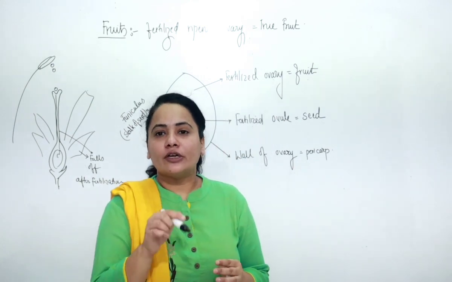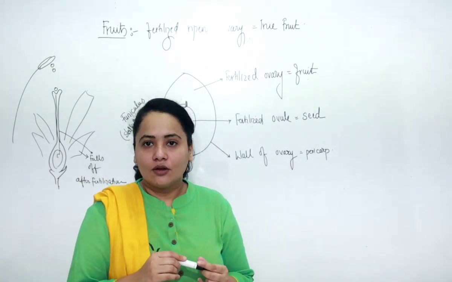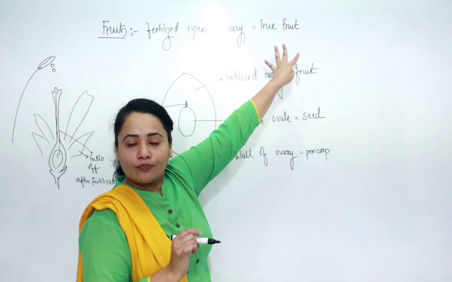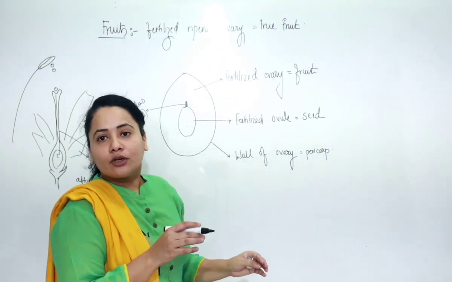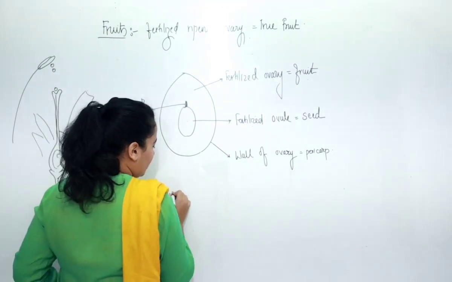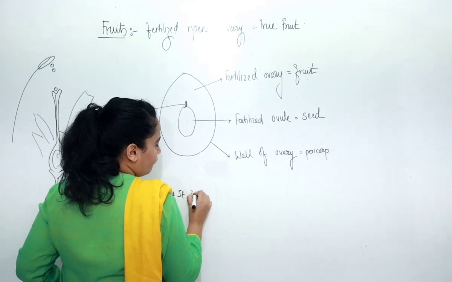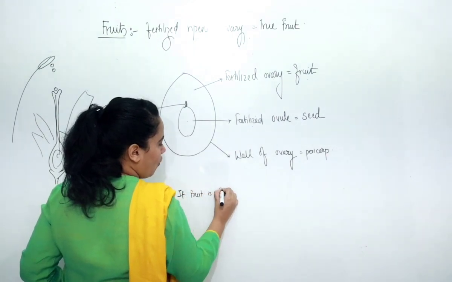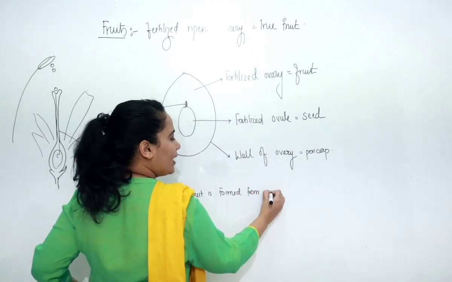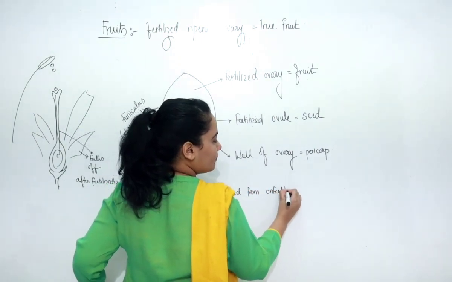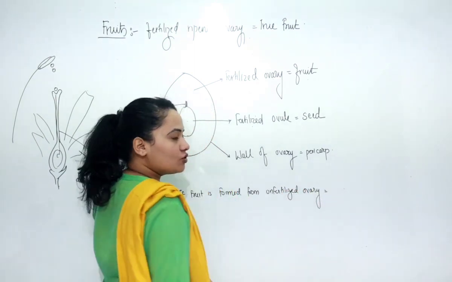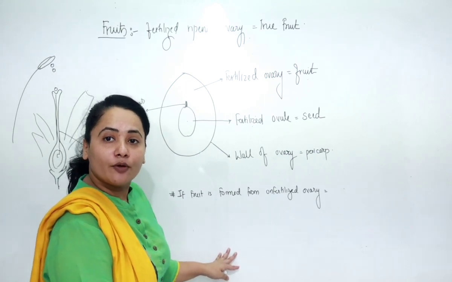और अगर fruit fertilized ovary में से बना है, तो it is known as true fruit. Remember that it is called true fruit. And if the fruit is formed from unfertilized ovary, then it is known as parthenocarpic fruit.